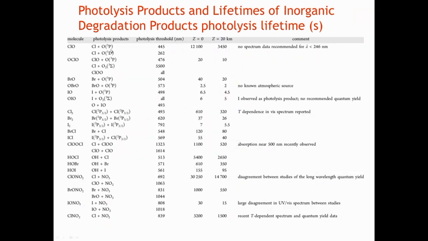So those are the sorts of calculations you can do to work out where you're going to absorb light, and with the quantum yields, where you're going to photodissociate the compounds. All calculated from simple calculations of the bond strength and the relationship to the amount of light in the atmosphere.